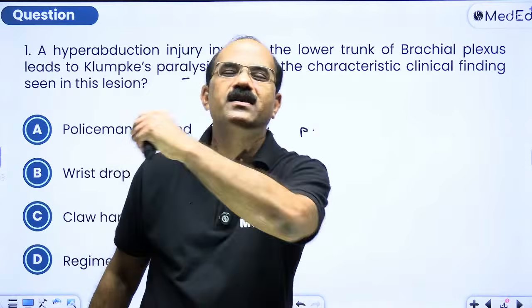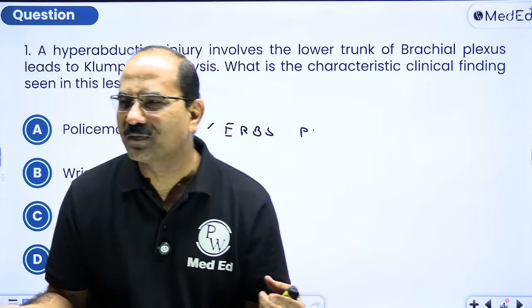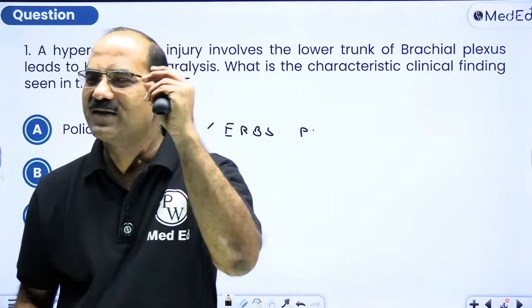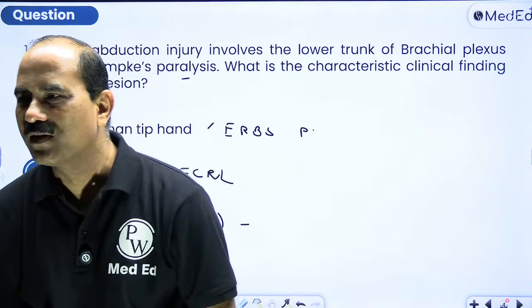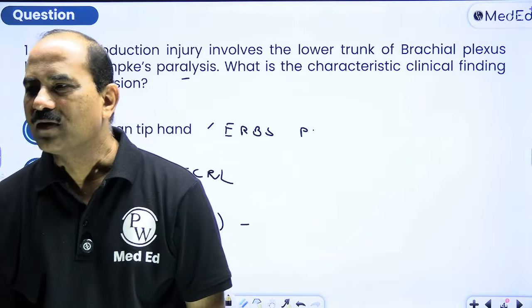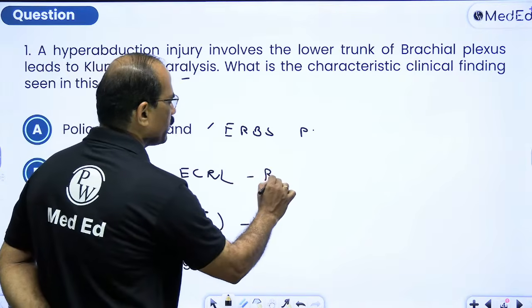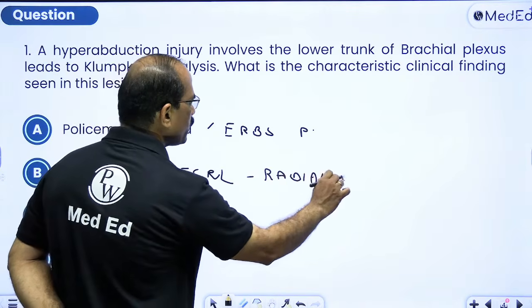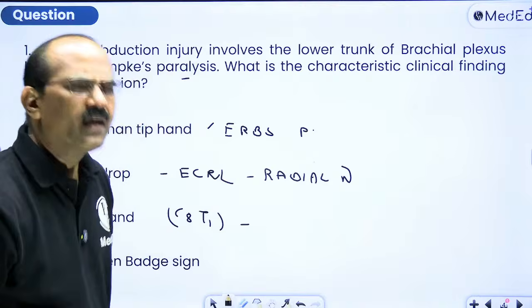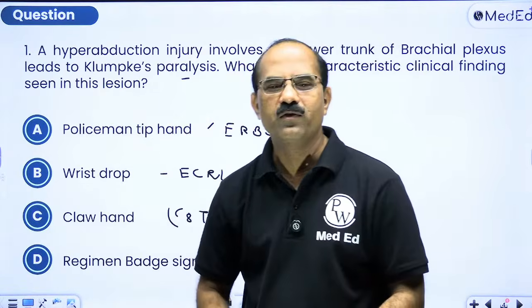And this ECRL muscle is supplied by which nerve? Guess करो बच्चों. Yes, it is supplied by radial nerve. Very good, Abhishek Patil, Paras. So radial nerve की जब injury होती है, ECRL is paralyzed, so you get a wrist drop.